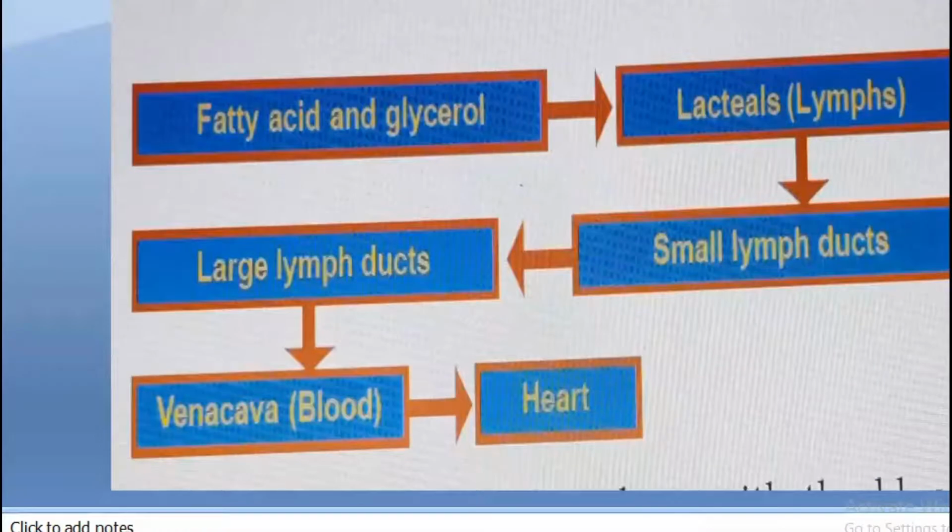Along with the blood circulatory system, the circulation of lymph also takes place, which we have studied already. The lymph formed from blood passes through the lymph duct and returns to blood near the heart. In addition to lymph, what parts does the lymphatic system consist of?